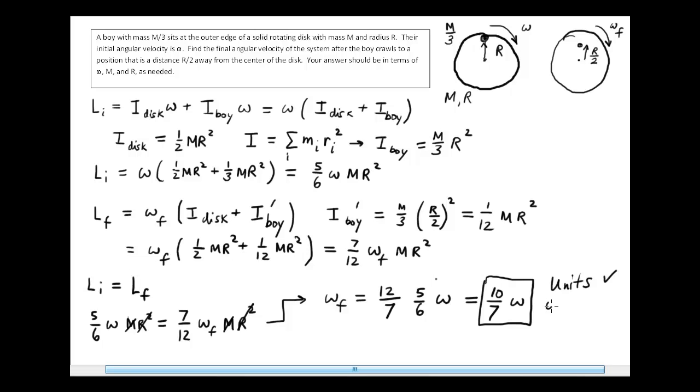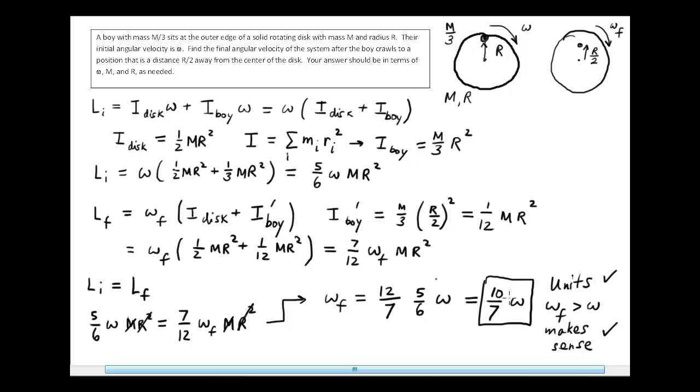And so the fact that omega final is greater than omega also makes sense. It doesn't tell us whether our factor of 10/7 is necessarily correct, but the fact that the angular velocity increased certainly agrees with what we would expect.